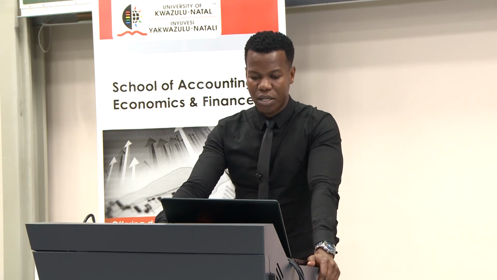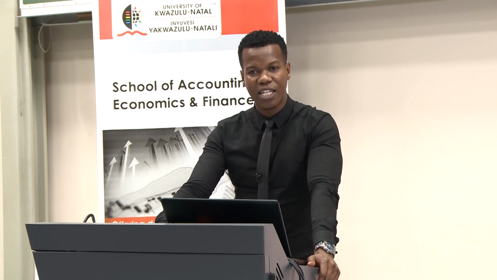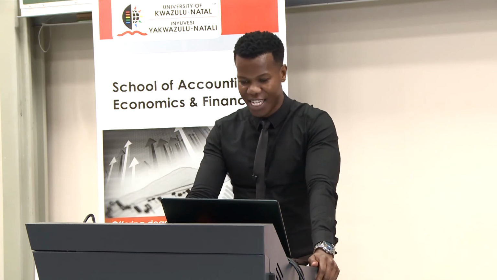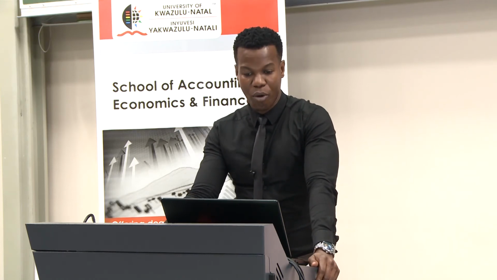The next thing that the company did was they decided to buy back some of the shares that they had previously issued. When they buy back some of the shares that they previously issued, it means we are taking money from the business to buy those shares. And when we do that, it is a clear outflow in cash from the business.